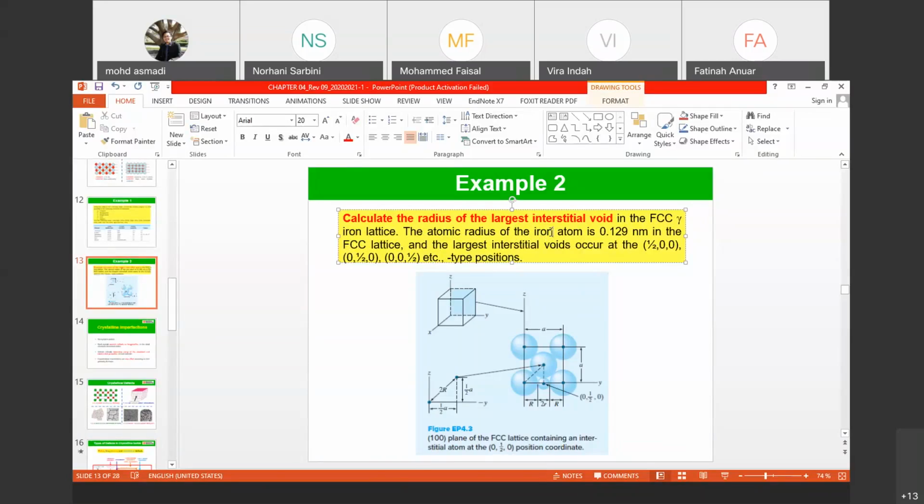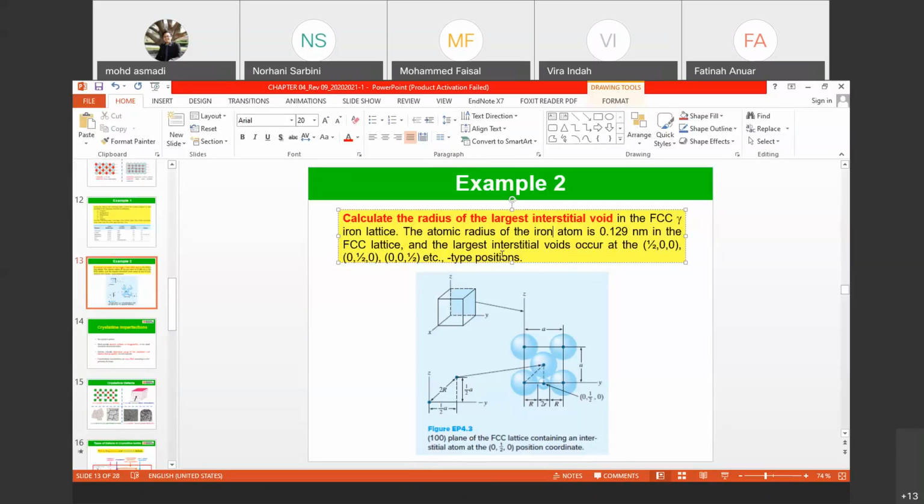In the FCC lattice, the largest interstitial voids occur at the half, 0, 0 type positions, such as 0, 1, 0, half, 0, 0, 0, half, etc. Can you calculate the radius of the largest interstitial void? What you have to do is determine the plane.